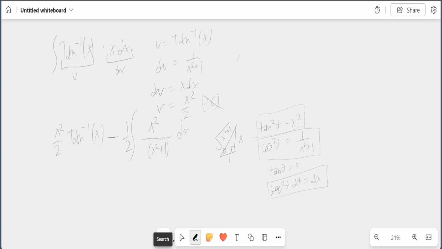Okay, for the x squared over x squared plus 1, I just made that sine squared theta. Oh yeah, and that should work. Is there a reason?